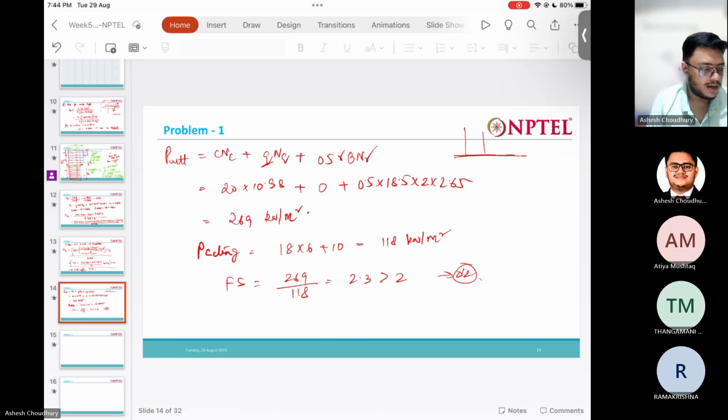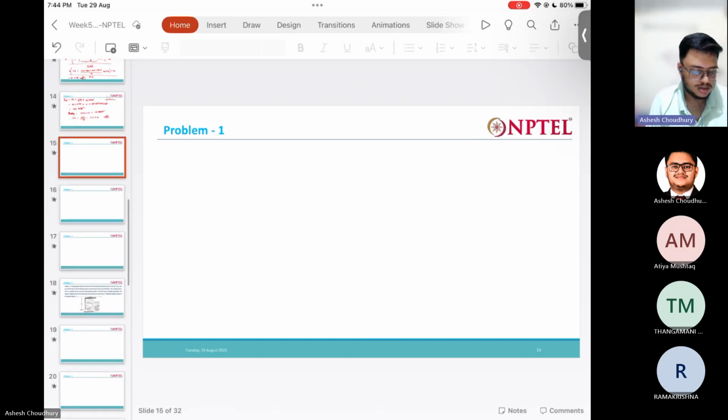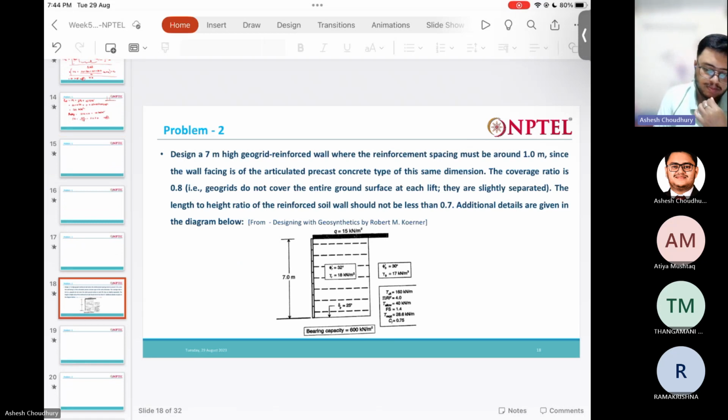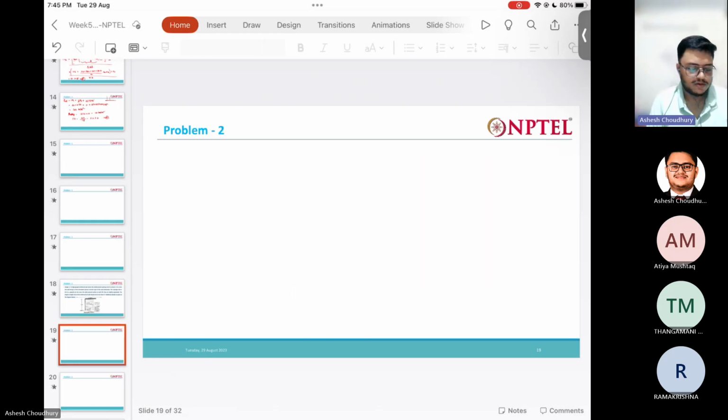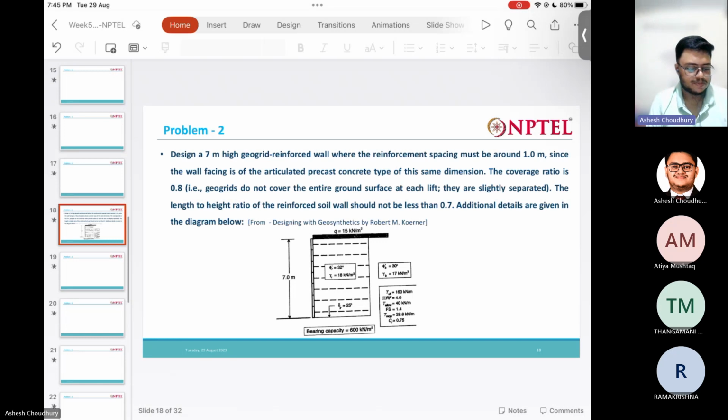All right. Now, this was one more problem, problem 2, but it is also quite long. So let us solve it in the next class.